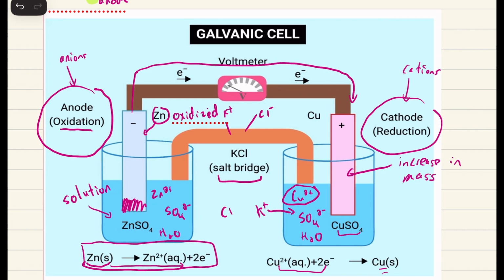And then the Cl-, which would be an anion, is going to migrate towards the anode in response to the electrons that it's losing. And this would be to, again, compensate or balance the charge as a result of the imbalance that occurs when there's an electron transfer from the anode to the cathode.